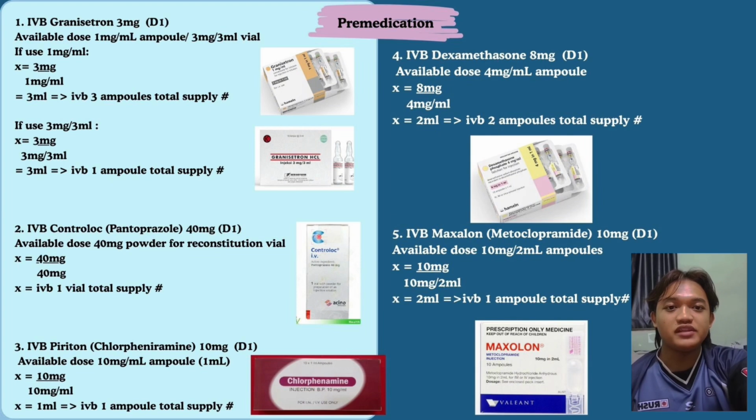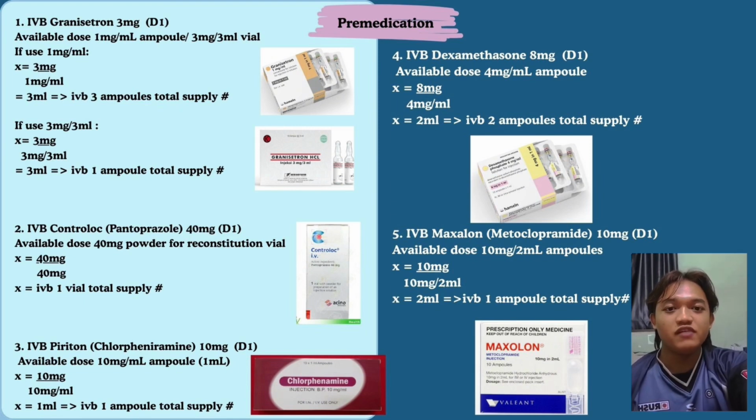IVB dexamethasone 8 mg for day 1. Available dose is 4 mg per ml ampule. X equals 8 mg divided by 4 mg per ml. X equals 2 ml, which means total supply 2 ampules. Last, IVB Maxolon metoclopramide 10 mg for day 1.